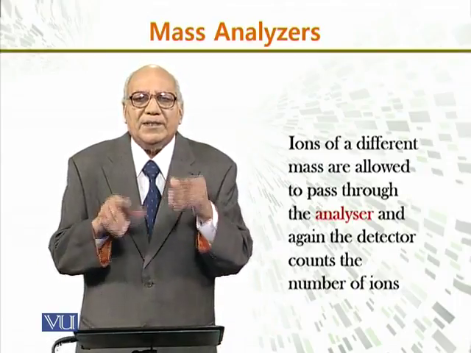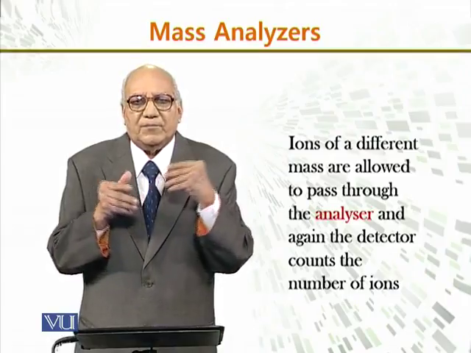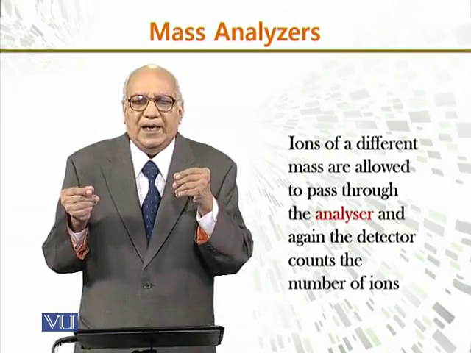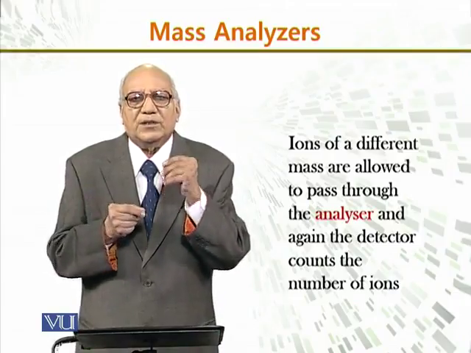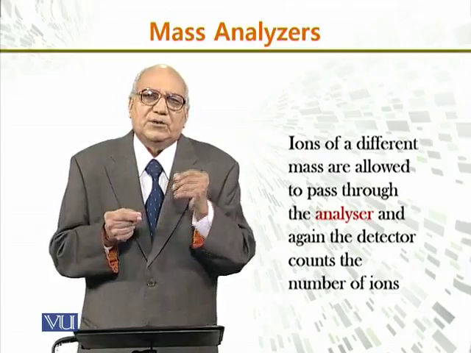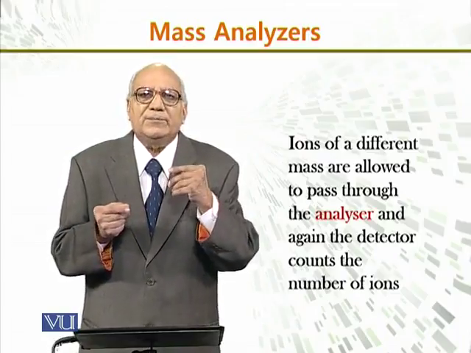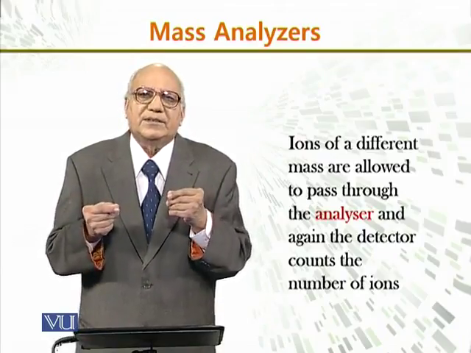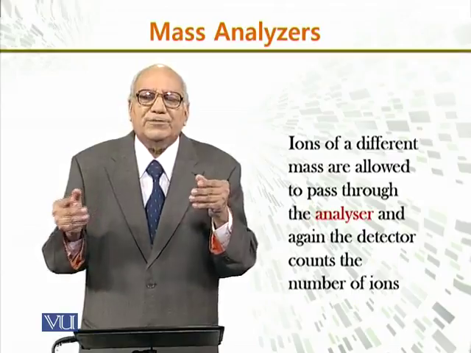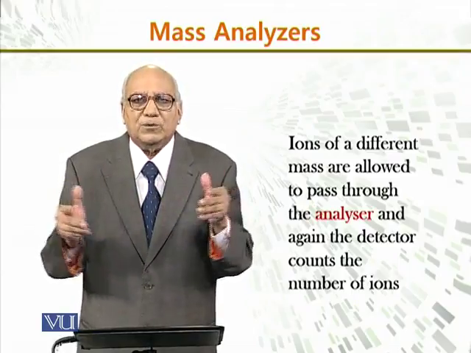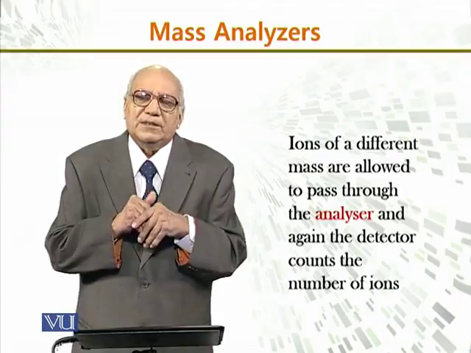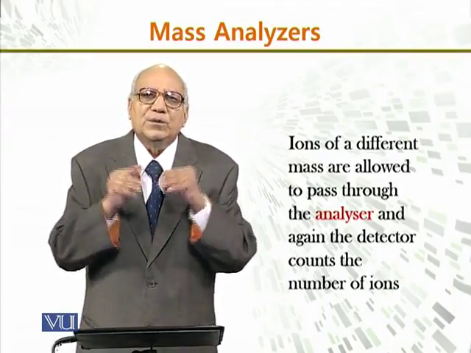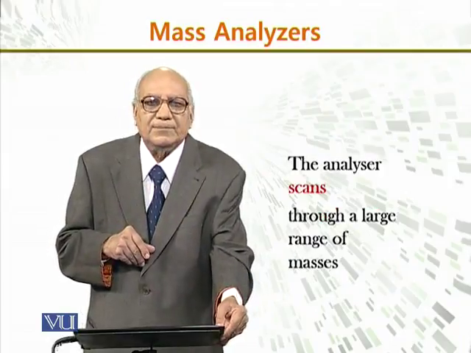Now, ions of different masses are allowed to pass through the analyzer, and again the detector counts the number of ions. First, the ions of specific masses are allowed to pass, whatever we set, but in general, ions of different masses are allowed to pass, and the detector counts how many ions have passed through the mass analyzer.